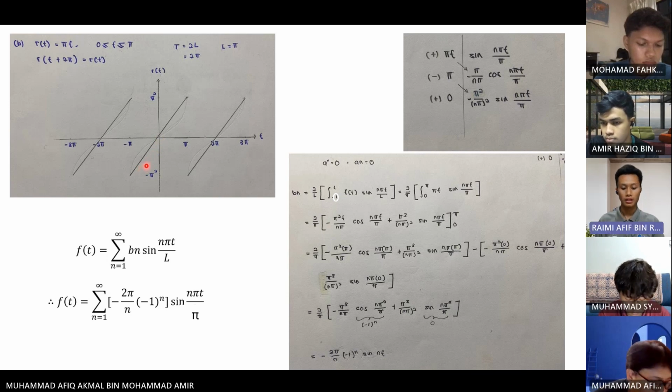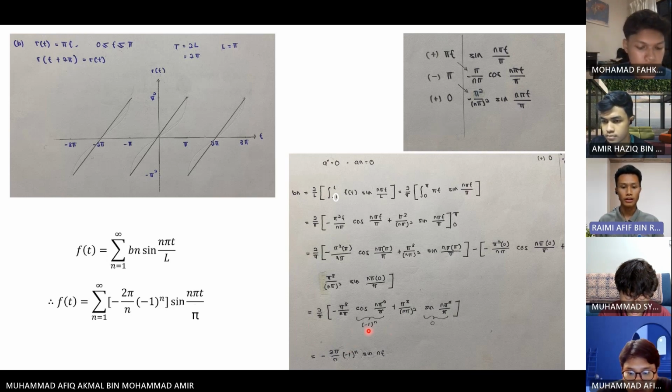Next, we know the formula for the odd function: a0 and an are equal to 0 because it is an odd function, and we continue with the formula of bn, following the formula step by step. First, we put the values in using the tabular method, and we must focus more on the cos and sine values.